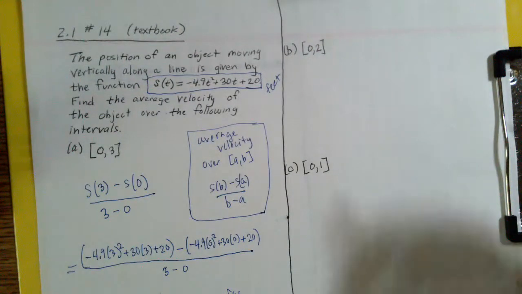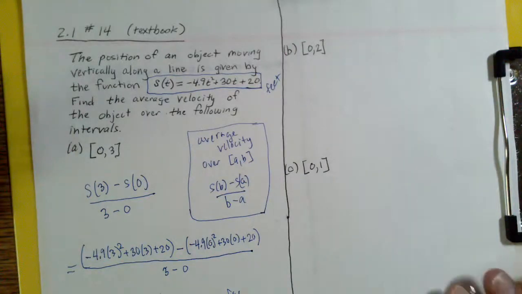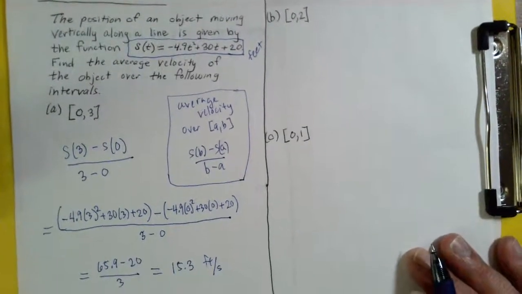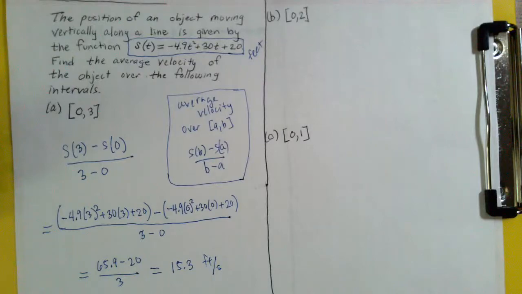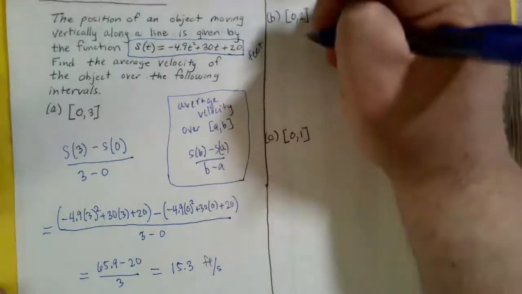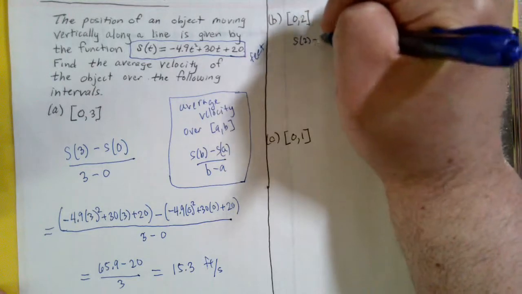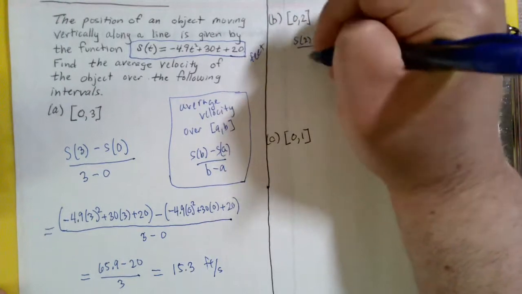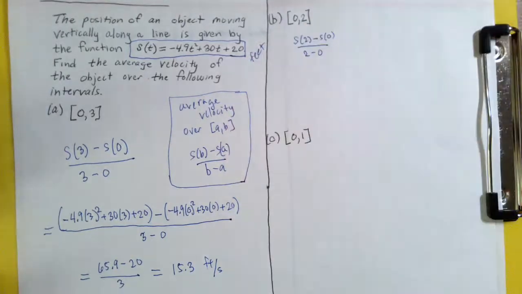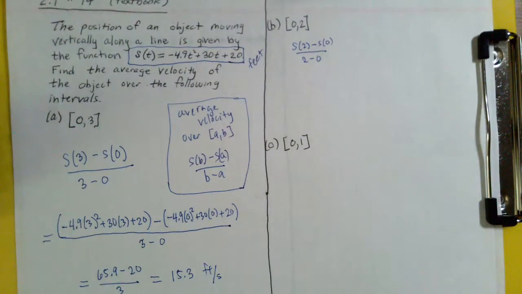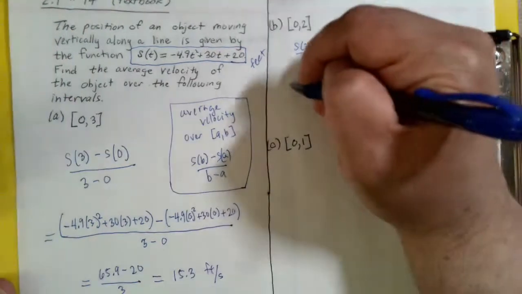All right, so for the interval from 0 to 2, this is going to work in a very similar way. We'll have S of 2 minus S of 0 over 2 minus 0. Okay. And let me write out the full expression one more time for this one.